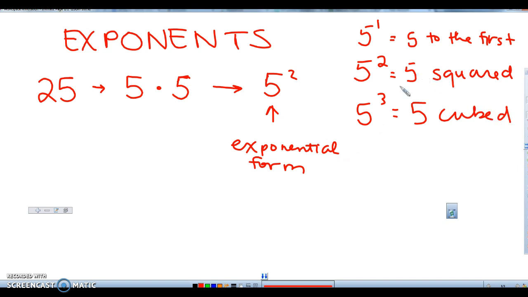And then after that, it goes back to first, whatever. So 5 to the 4th is just 5 to the 4th. So the only special ones are the second and third powers, which are squared and cubed.